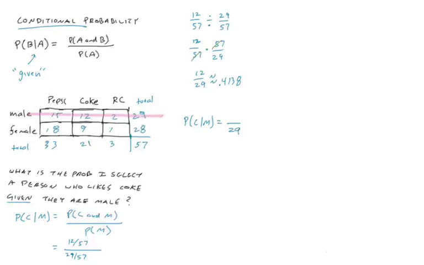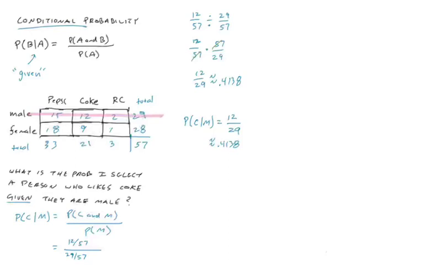Now, out of this row that we're looking at, just what's highlighted, we want those that prefer Coke. Out of this entire row, 12 prefer Coke. That gives us 12 out of 29, which is approximately 0.4138. I think this is the better way to think about this: don't get too caught up on the formulas, just do it a little more intuitively.